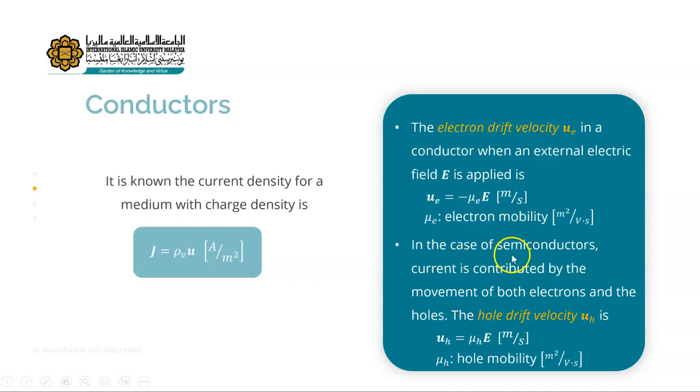In the case of semiconductors, current is contributed by the movement of both electrons and holes. In conductors you only have electrons, but in semiconductors you have electrons and also holes. The hole drift velocity, u_h, is given by mu_h, the hole mobility, times the electric field, and the unit is also meters per second.